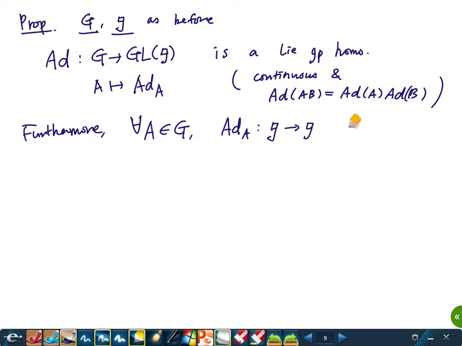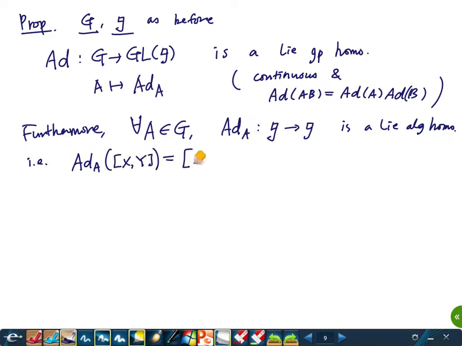This is a Lie algebra homomorphism, i.e., Ad_A[X, Y] = [Ad_A X, Ad_A Y]. So for this small ad, this was false, but it's true for this adjoint map.